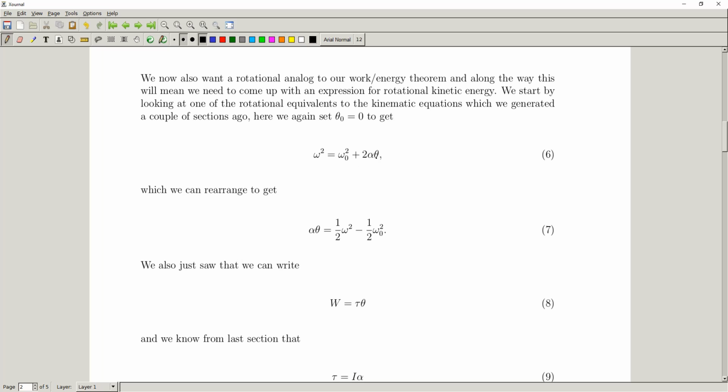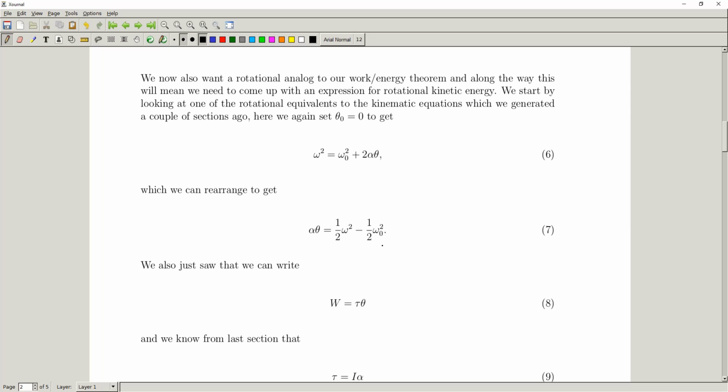And we can simply rearrange these variables so that we get this expression that we see down here. And so maybe I'll explain again what we have. We have our angular acceleration. We have the angle through which this thing is changing. We have our final angular velocity, and we have our initial angular velocity. Okay, so remember what all these variables are.